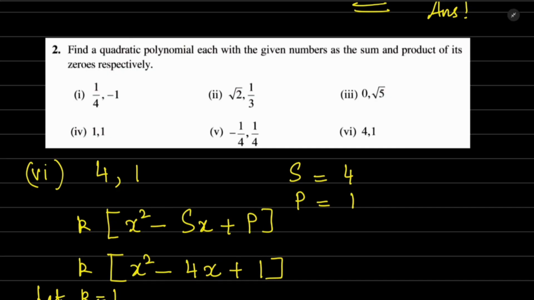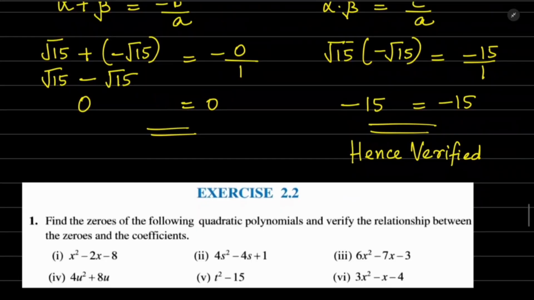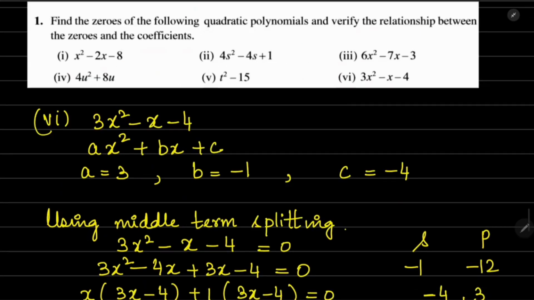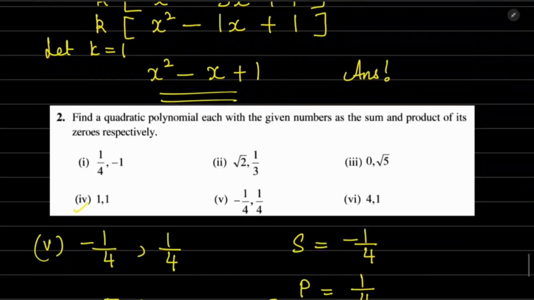That is one type of question. And the first question that we did was, if you have to find the zeros of the following, you have to find the zeros using either middle term splitting or by taking out common, and then also verify the relationship between zeros and the coefficients. So these were the two exercises. We solved nearly 12 problems. Make sure you do it. I hope you understood.